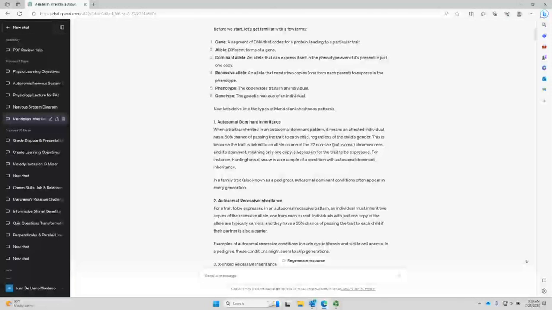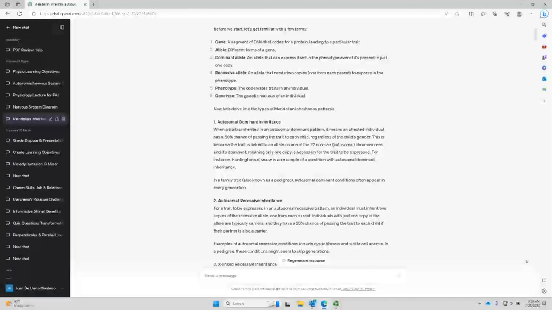Okay, and the term dominant means that if the person inherits only one copy, the trait or the disease can be expressed phenotypically, will manifest. It gives us the example of Huntington disease. And in a family tree, we are gonna see the condition appearing in every generation.